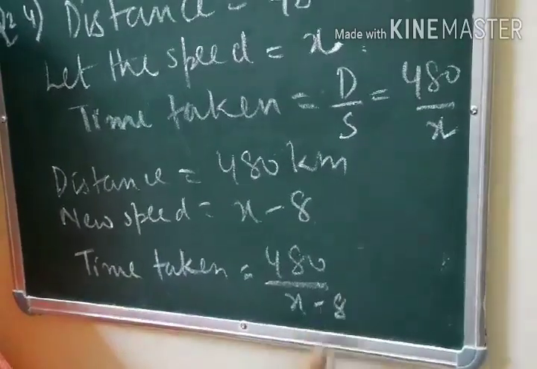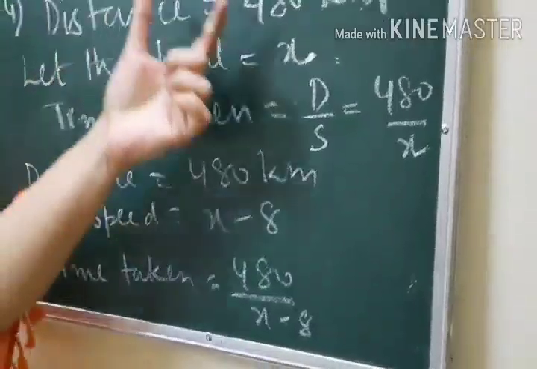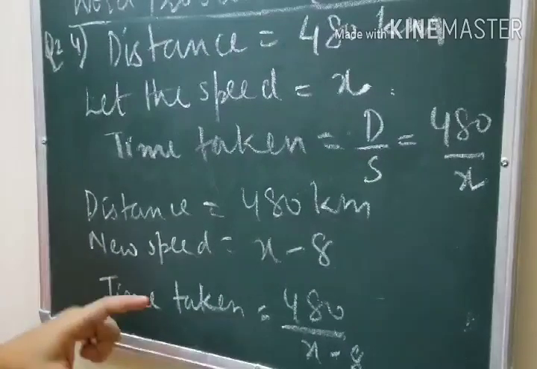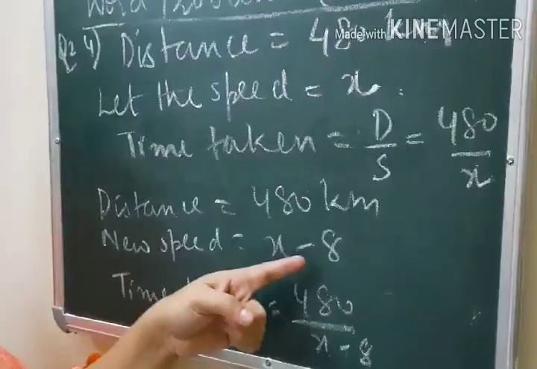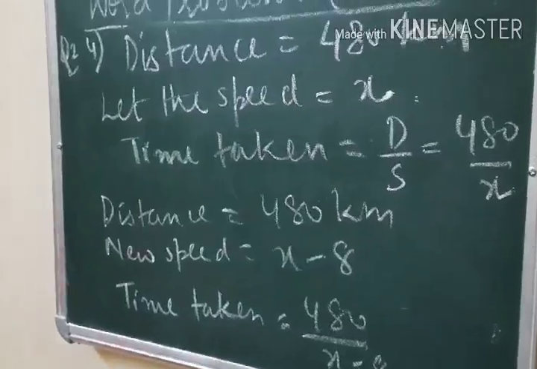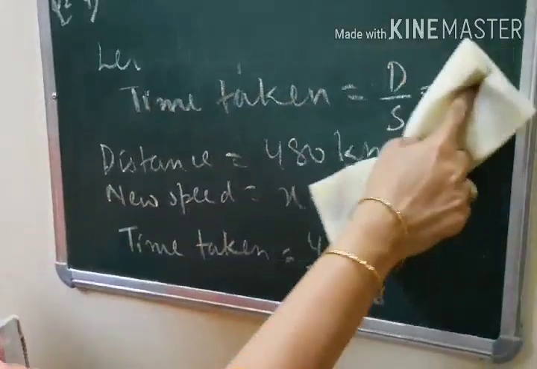So first I found the time taken when the speed was x, and then the time taken when the speed was x minus 8. Now we'll read the question to frame an equation. It's clear up till here? So now we'll frame the equation.